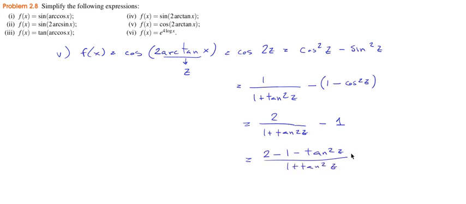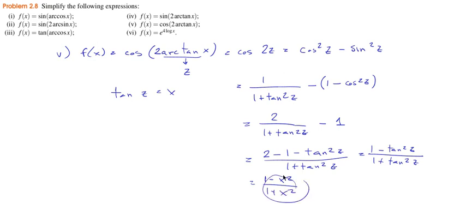So this is just 1 minus the tangent squared of z over 1 plus the tangent squared of z, and we know that the tangent of z is x, so the tangent squared is just x squared. So it's 1 minus x squared over 1 plus x squared, just like before, without having to worry about the signs of the root and anything.